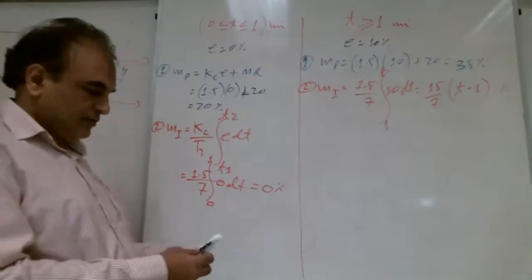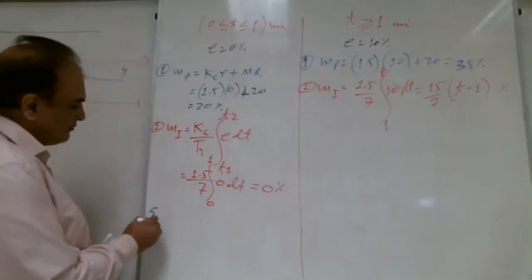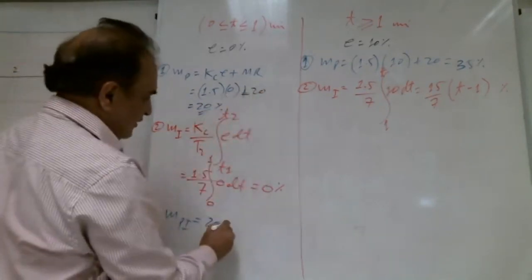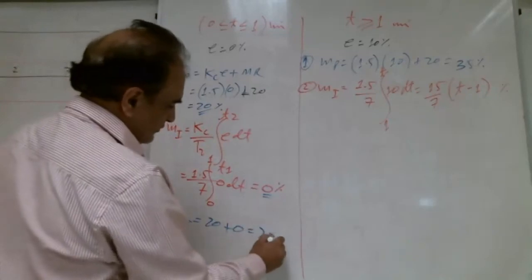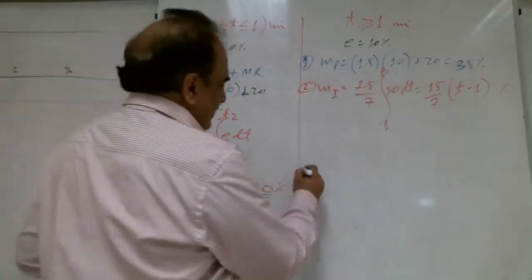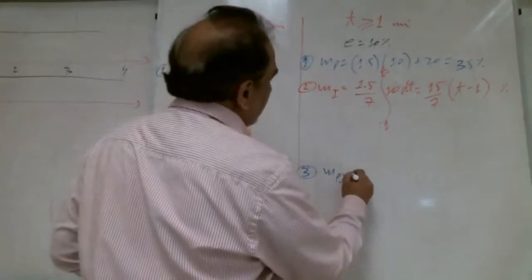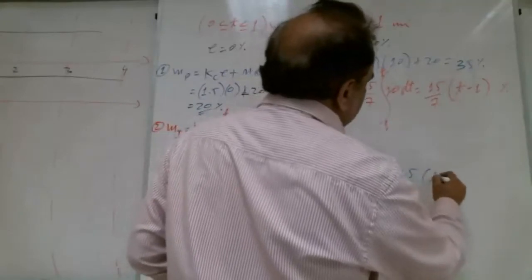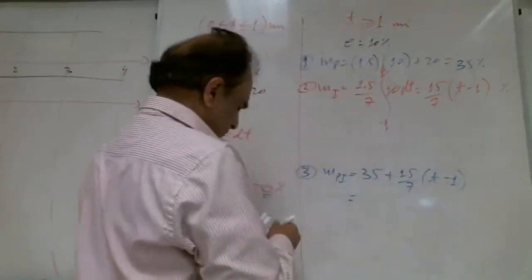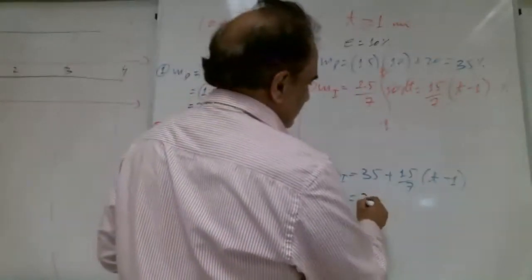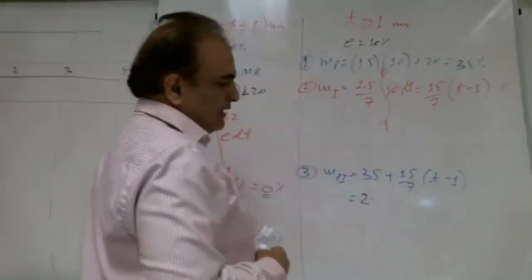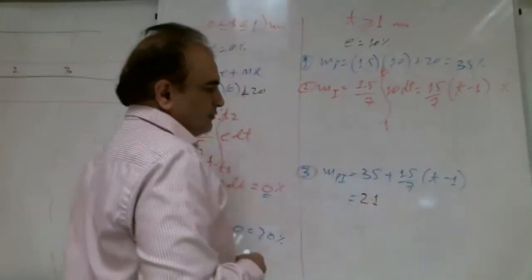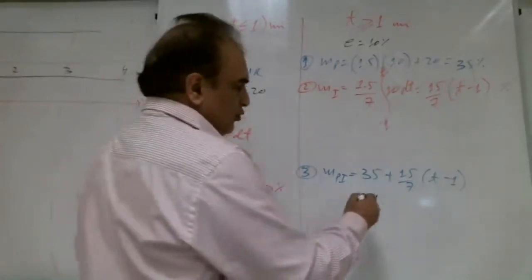Okay, that's good. So step 3, all the time: M is MP plus MI. MP is 20, MI is 0, so 20. Right, Shiva? Third step here: MP is 35 plus 15 over 7, t minus 1. How much is 15 by 7? 2.14.